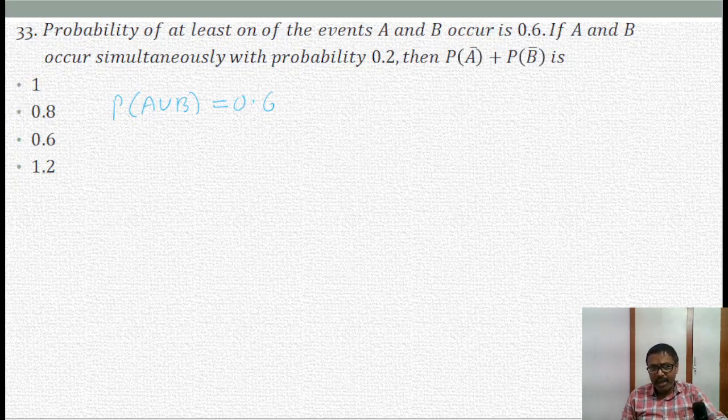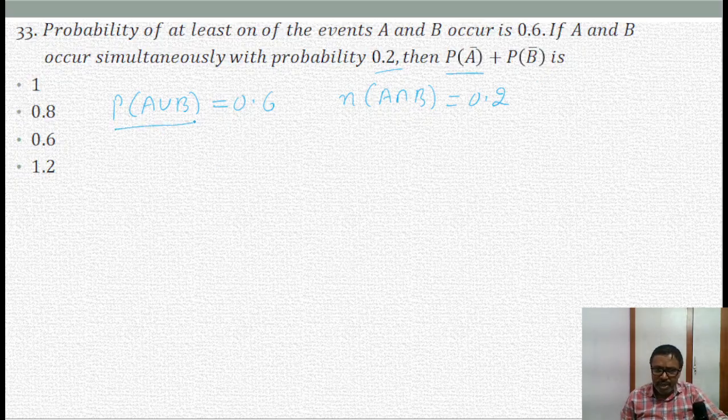Then if A and B occur simultaneously, that is both are happening together, that probability also is given, 0.2. That means they have given P of A intersection B is equal to 0.2. Then they are asking P of A complement plus P of B complement.